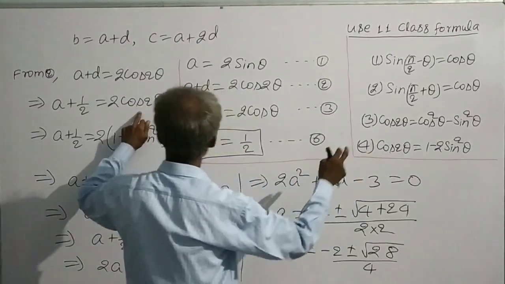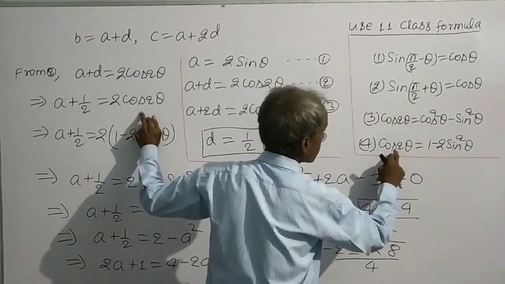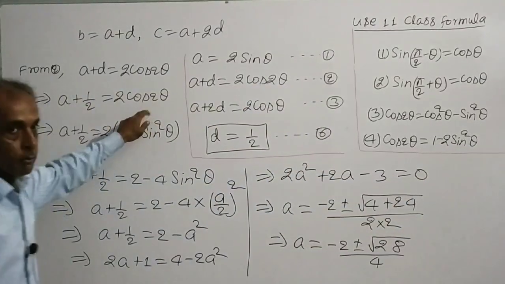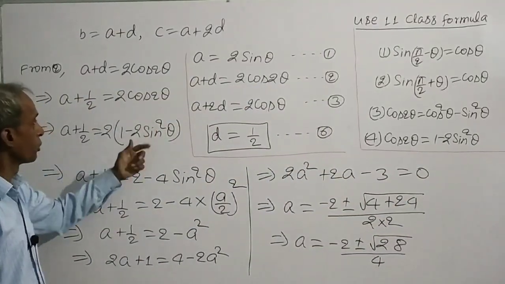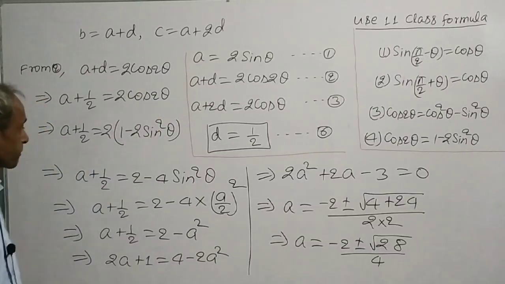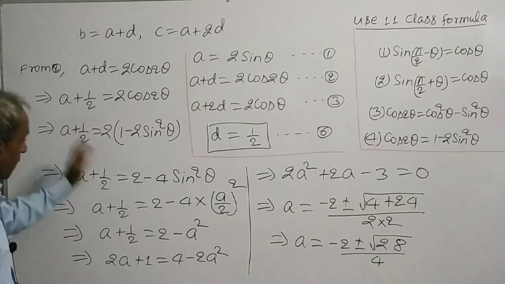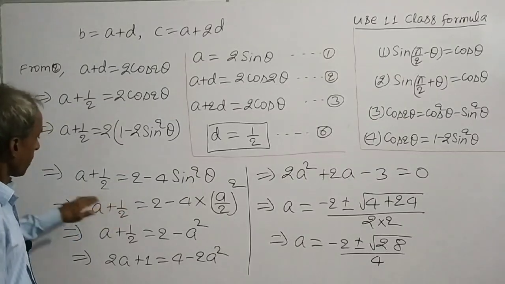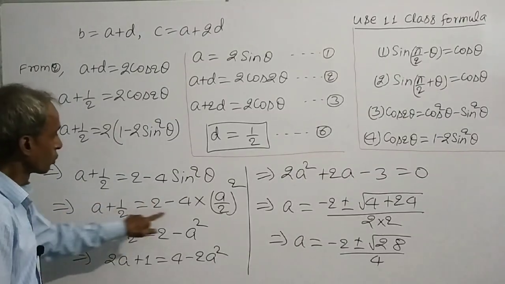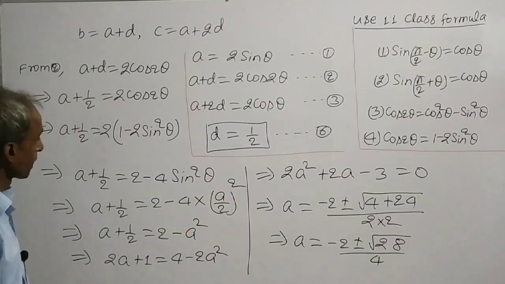Cos 2 theta is equal to 1 minus 2 sin square theta. By using that formula, we can write cos 2 theta like this, and we multiply both sides by 2 to get this.